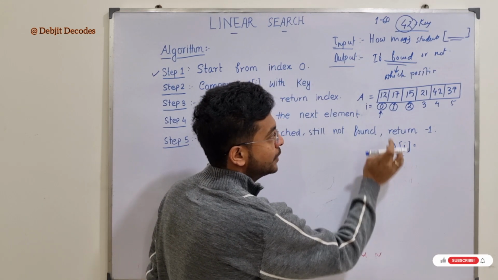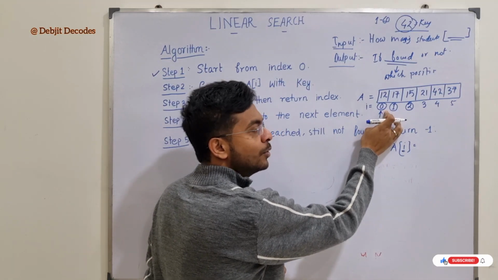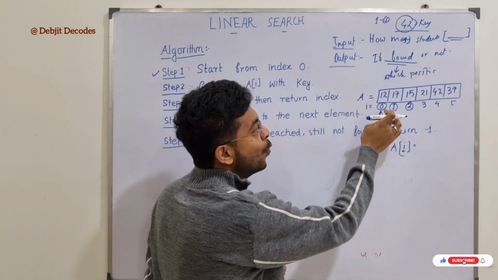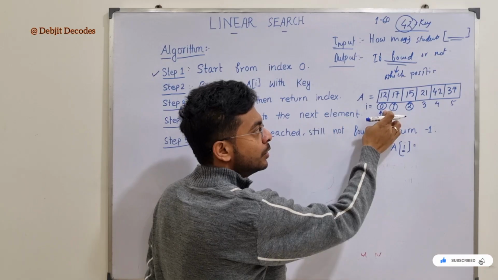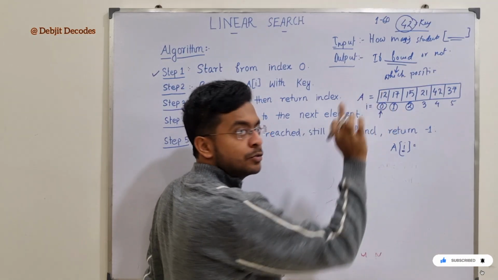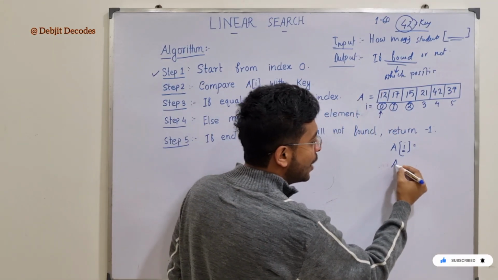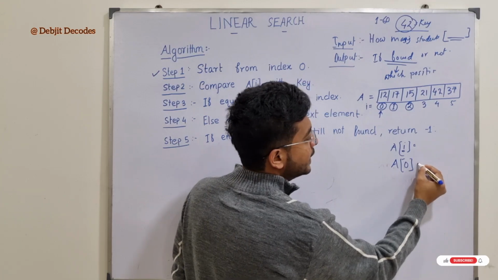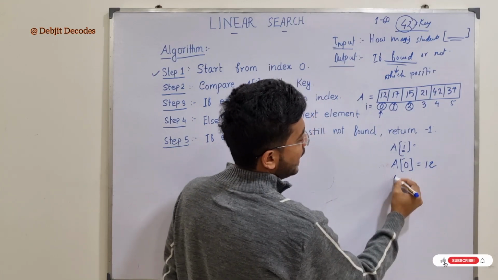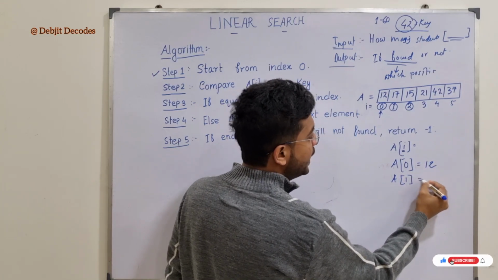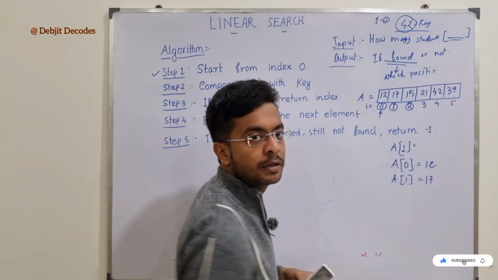So i says the position is 0, and A of i will say which value is present at position 0. The value present at position 0 is 12. So if I want to write A of 0, that will be 12. A of 1 would be 17, and so on.